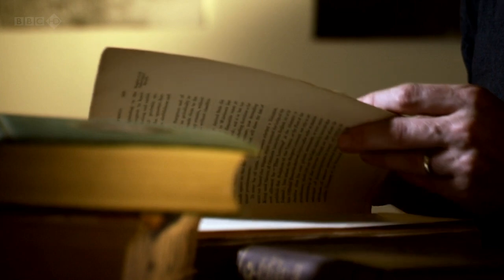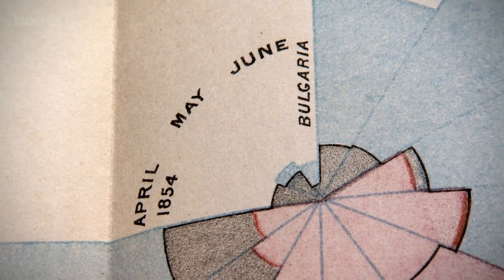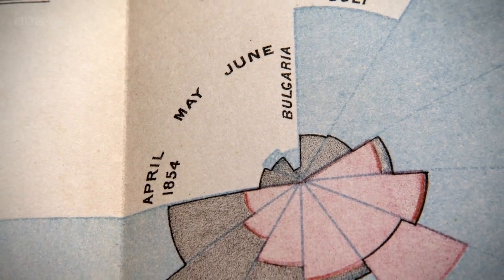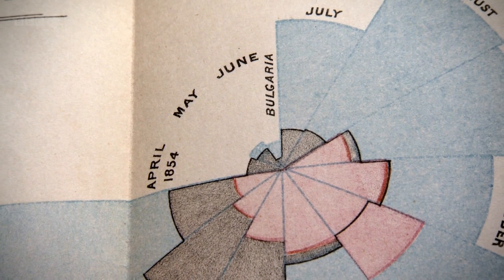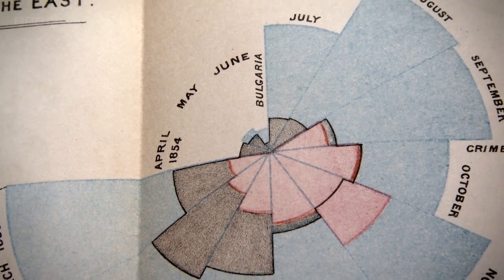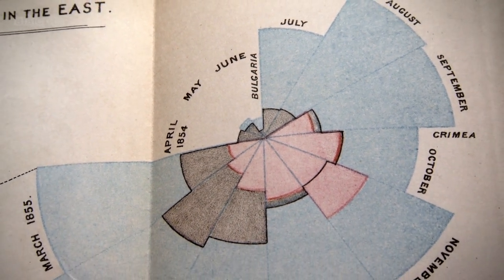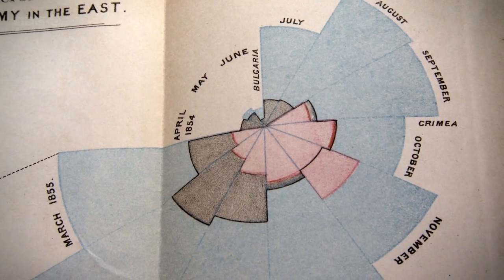It was called the Rose diagram, and it was designed to force the British government to create better and cleaner hospitals. Initially hidden away in the appendix to an official report, this diagram would take on the establishment and win. Its message was potent and direct. Hospitals can kill.